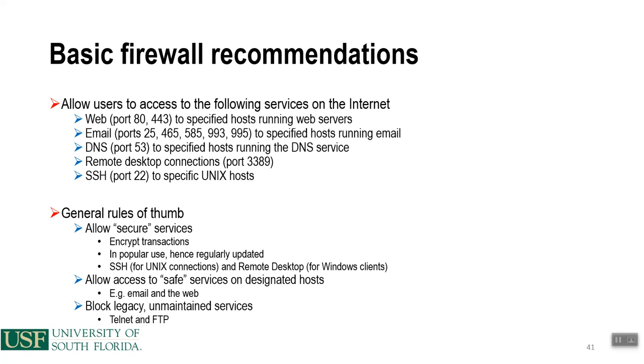So the general rule of thumb is that you want to allow secure services and encrypted transactions, in popular use, that are regularly updated. So SSH for Unix connections, or remote desktop for Windows clients. Allow access to safe services on designated hosts, so for example, email and the web, and block legacy or unmaintained services.